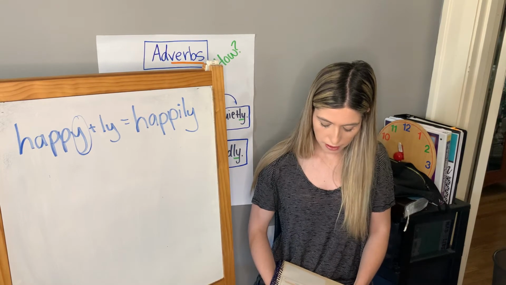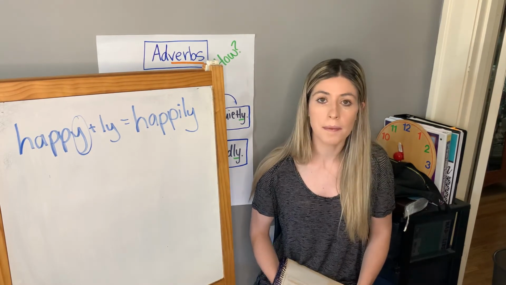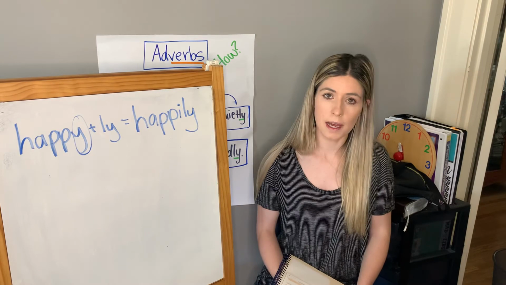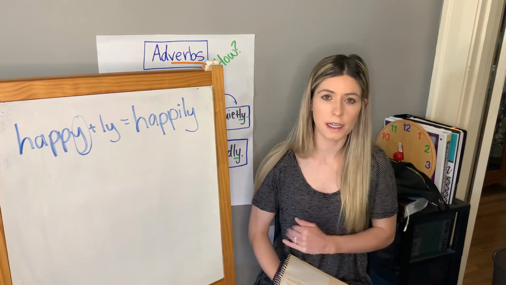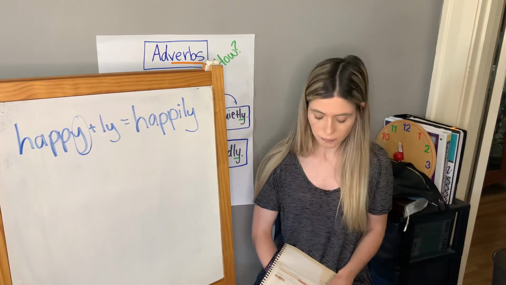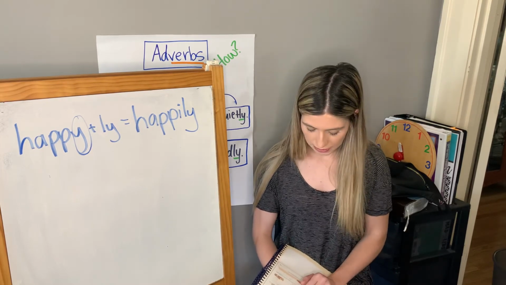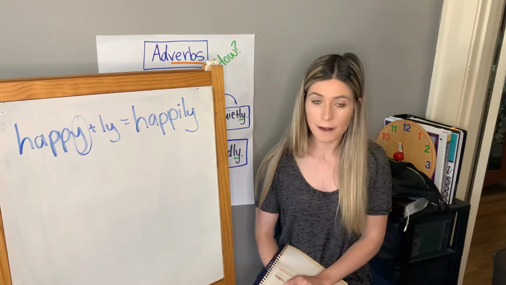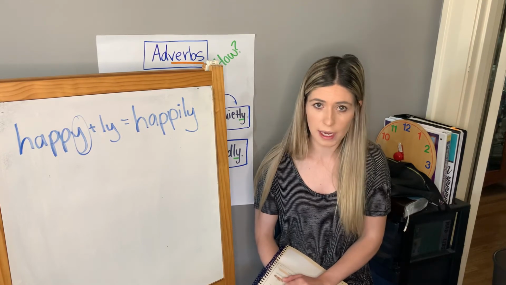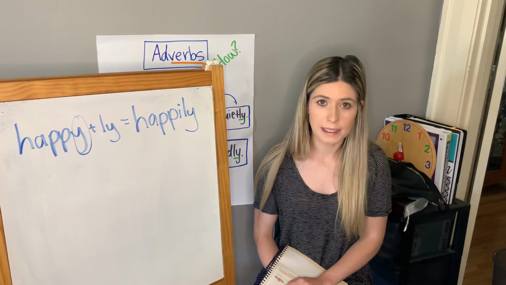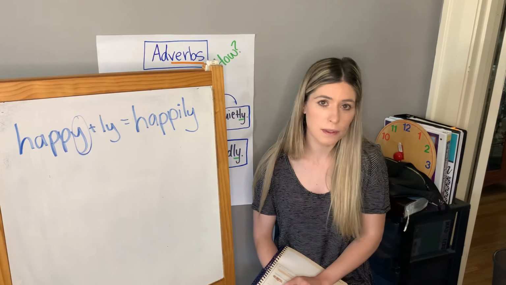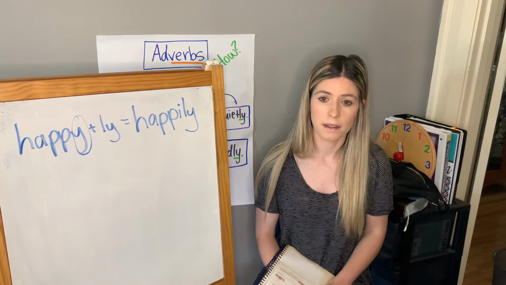Suddenly, William stopped. How did he stop? Suddenly. He still stopped suddenly, even though suddenly didn't come right after the verb. So you need to be careful as you do section 1 because your adverb will not always come right after the verb. You need to read the sentence and ask yourself, how did the action happen?